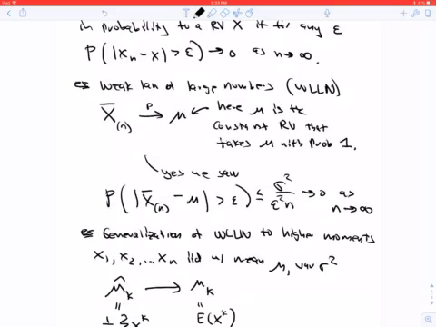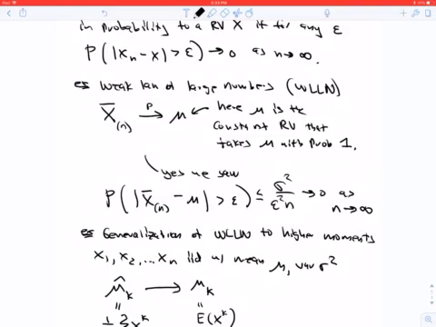An example of this is the weak law of large numbers, which says that the sample mean goes to the population mean in probability. Here, when I write this, I'm thinking of mu as a constant random variable, where it just has a single outcome with probability 1.